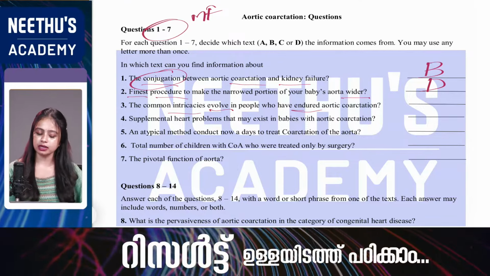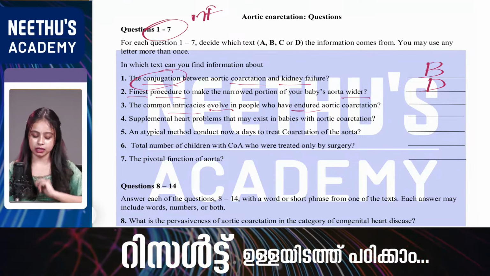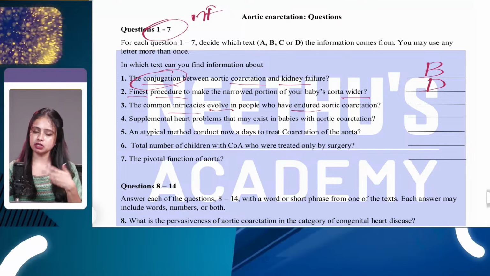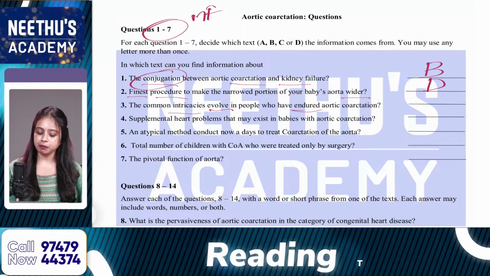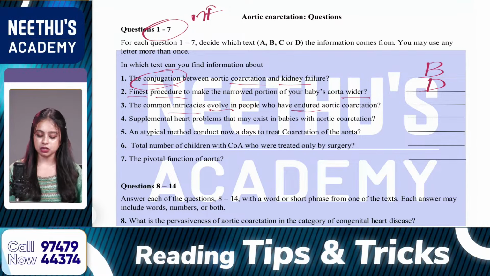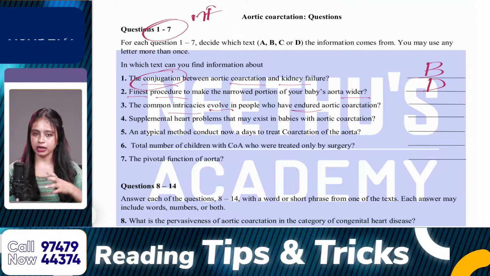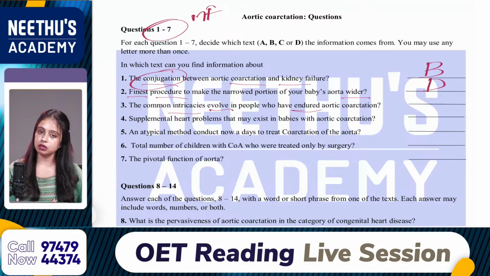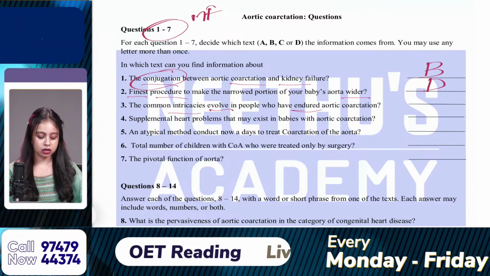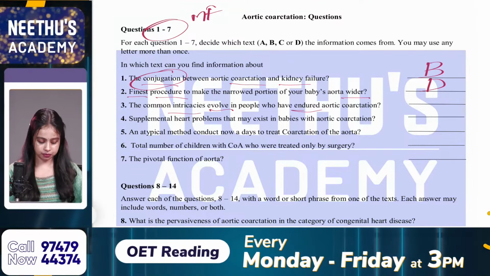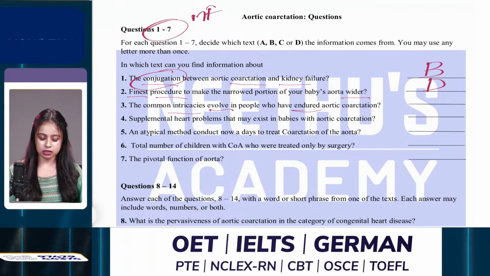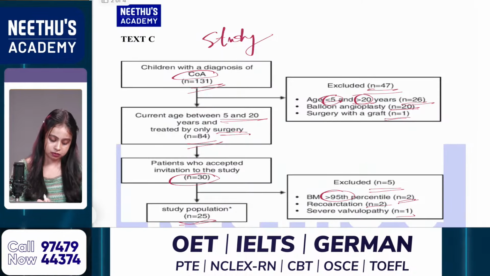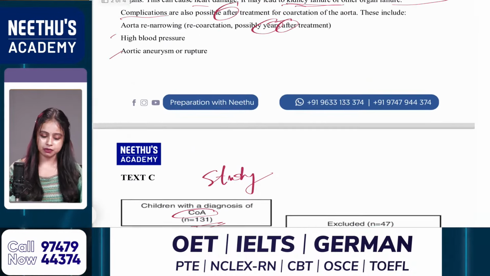As you know, intricacy means the complication, the common complications. Evolve means it can develop. People who have endured, which means what? They are suffering with or existing. Okay, aortic coarctation. So what is the correct answer here? The third one, common complications. Okay, so the common complications are mentioned in, very good, text B.